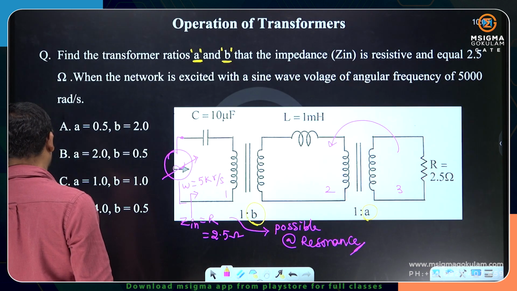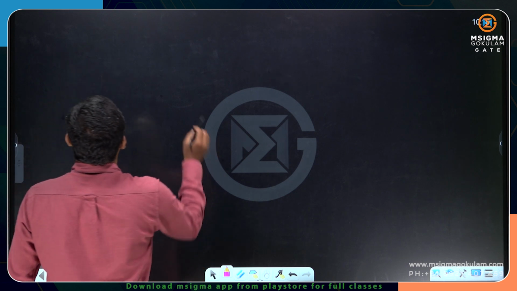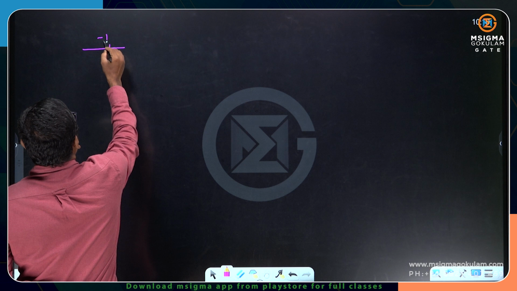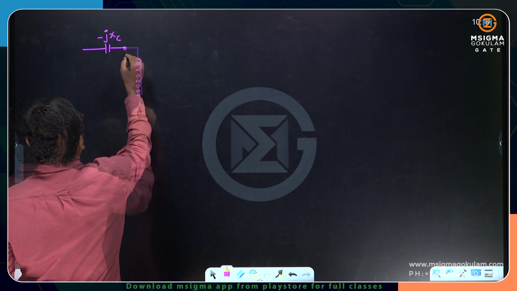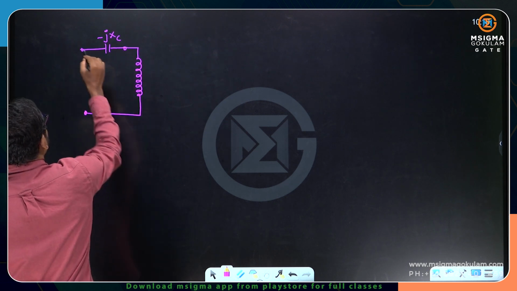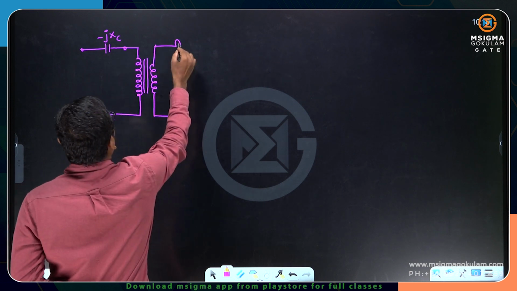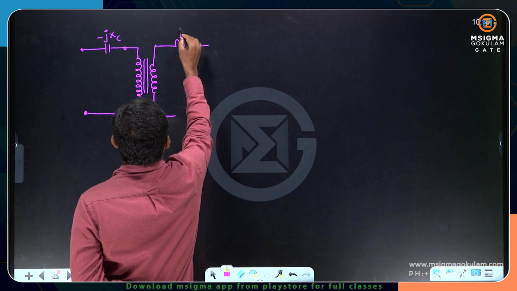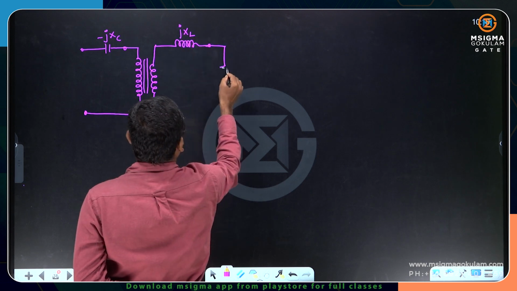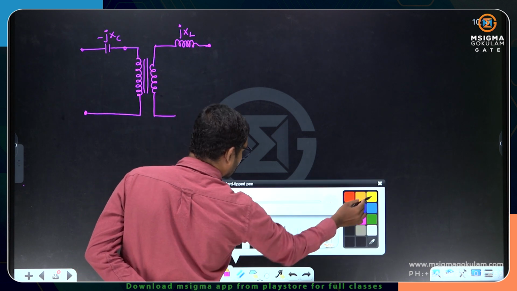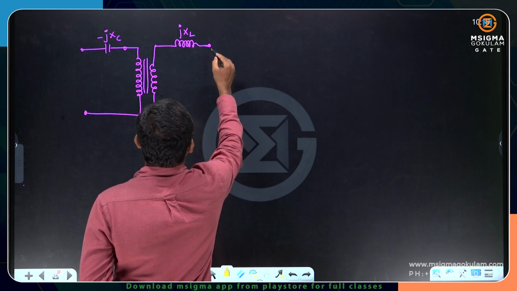Let us go ahead with the first one. I have a capacitor here, let me write it as minus jXc, and this is the turns ratio, maybe 1:B, and here I have an inductor, which is jXL. We are going to transfer 2.5 ohms from the third side to the second side.